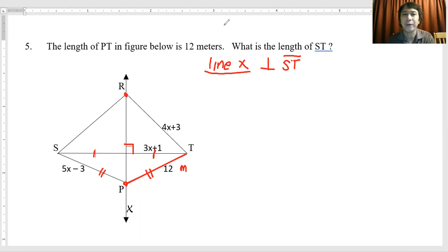Also, going to the upper portion, SR is equal to RT.